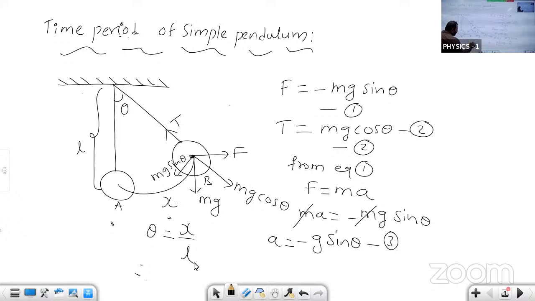Theta equals x by L. This one also, mathematically, we are using sin theta equals opposite side by adjacent side. So theta equals your angle. Angle equals arc per length. Theta equals x by L. You apply here.